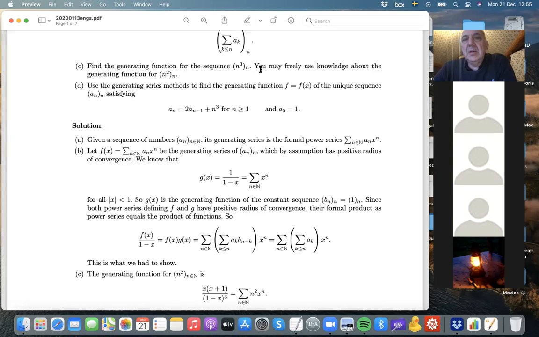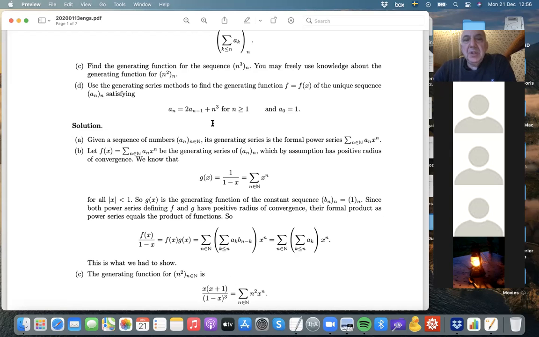And here you have an additional hint that you can use the information about the generating function of n squared to derive the generating function for n cubed. And the generating function for n squared is given here. It's this thing, x times (x plus 1) divided by (1 minus x) to the power 3.